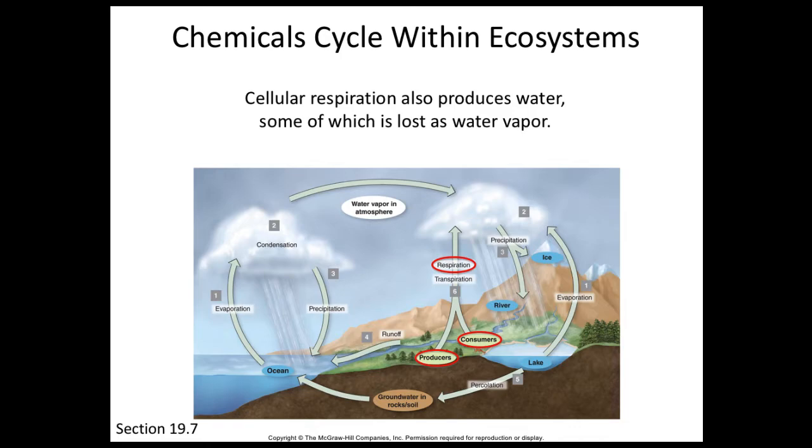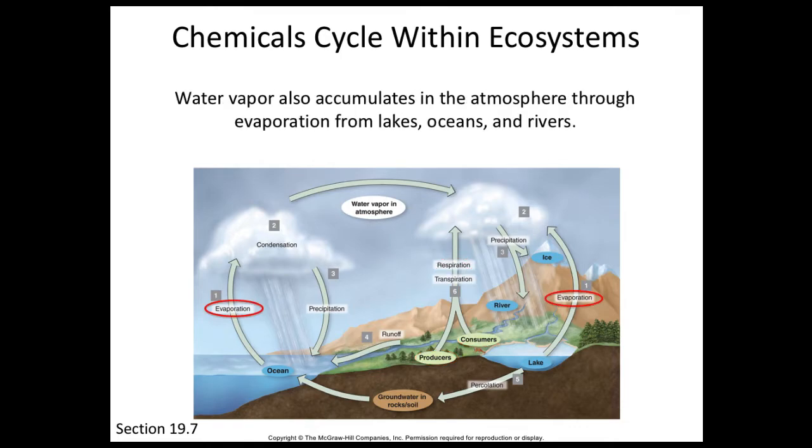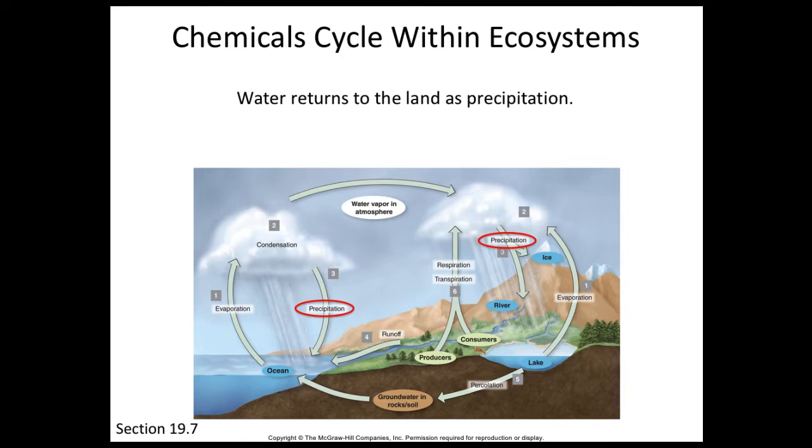Cellular respiration also produces water, some of which is lost to the atmosphere as water vapor gas. Water vapor also accumulates in the atmosphere through evaporation from all of our freshwater sources and marine water sources found on our planet. Water finally returns to land as precipitation, both in the form of rain and snow and ice.